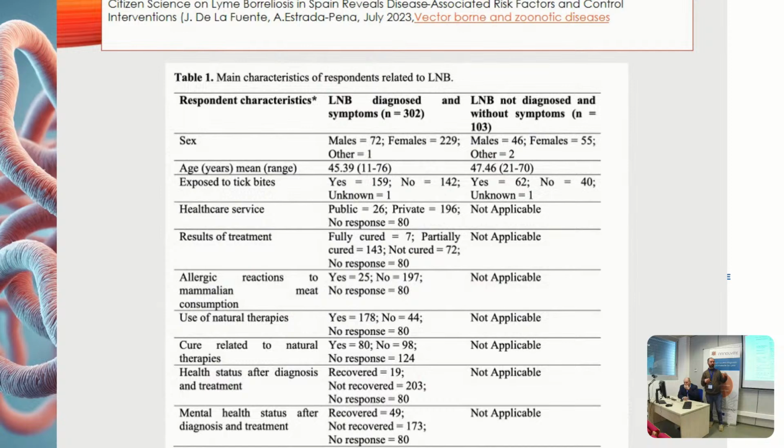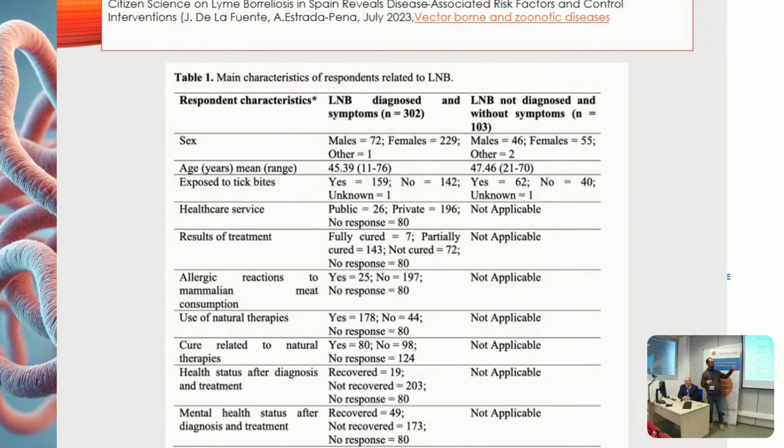Some patients filled in a questionnaire, and others did not. As you can see, all these patients got a diagnosis of Lyme disease, but for the recovery of their health status, only 19 have recovered, and the majority did not recover their health.